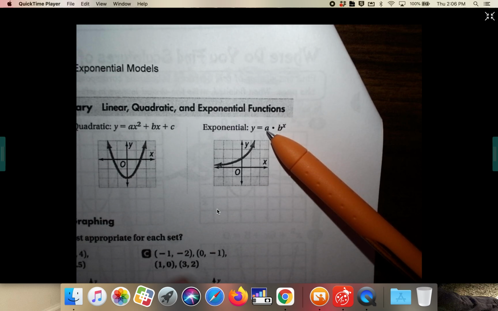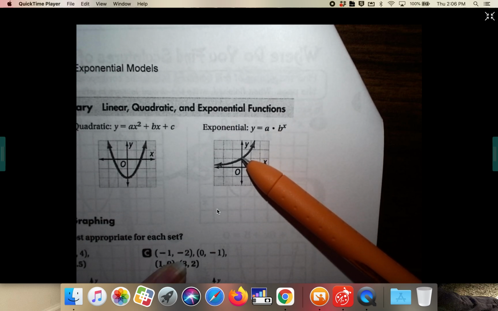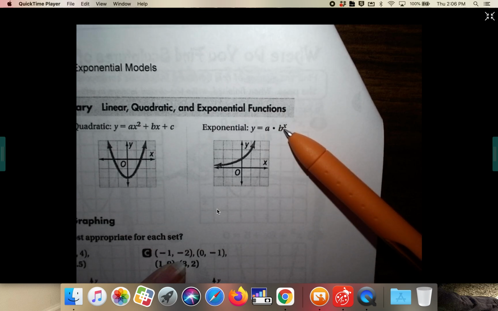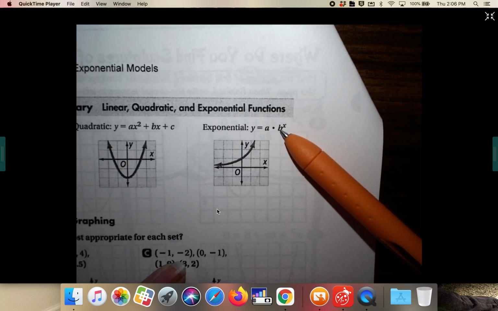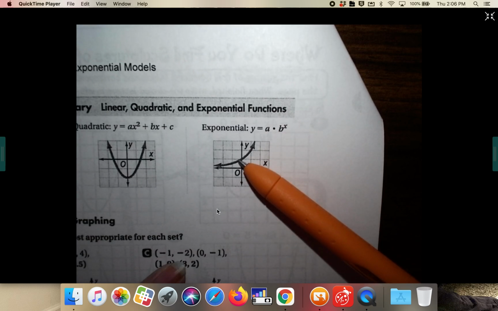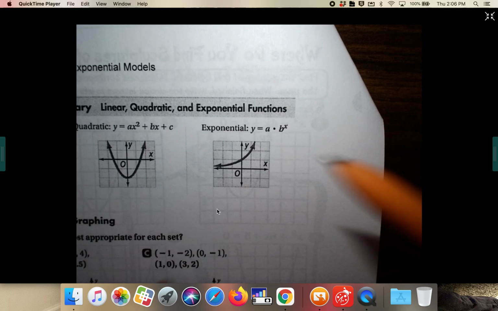And the a is the y-intercept, so it's where it crosses the y-axis. So a lot of times it just looks like 2 to the x because maybe the a was 1. So 1 times anything would just be this. So sometimes it might look like y equals 2 to the x power, and that just means that your a term was 1, so it crosses at 1.